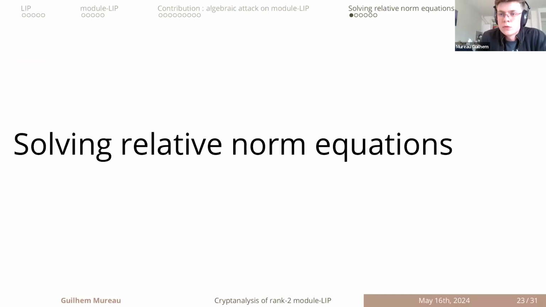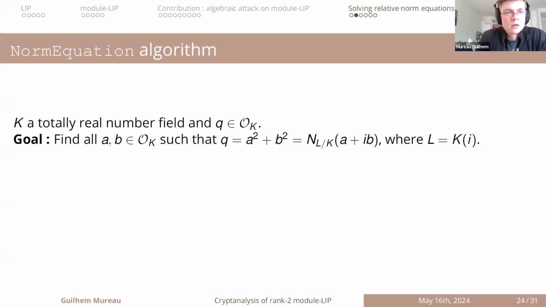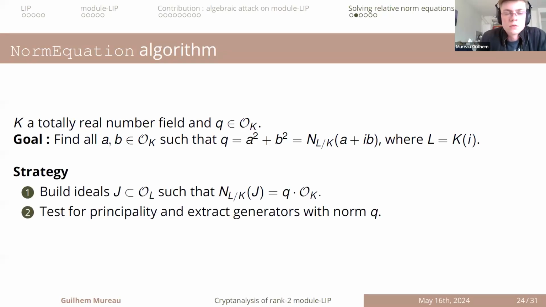Okay, so now I will focus a little bit on how we can solve norm equations. So I will get into details of the norm equation algorithm. Let me recall what we want to do. We have q, an element of O_K, and we want to find all the elements a and b such that q is the norm of a plus ib. So the strategy is as follows.